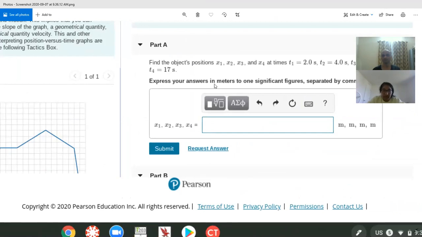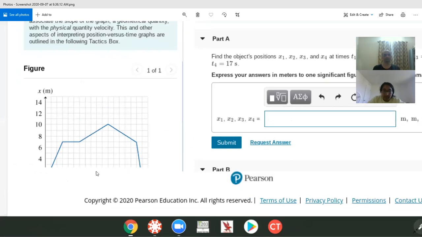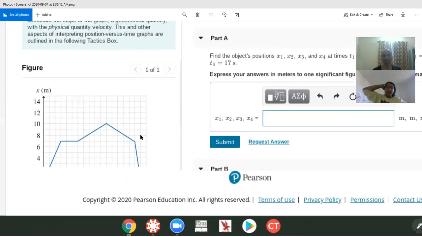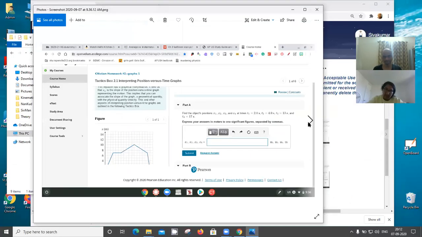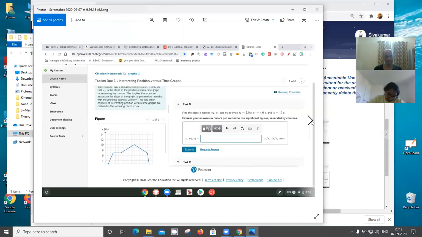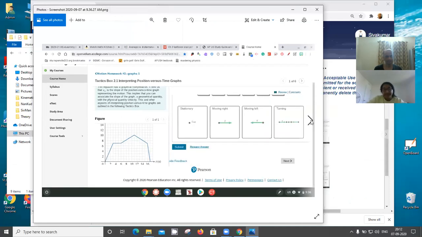Yes, that is the starting point. If you continue going to different screenshots, you should be able to see it. Okay. There you go. You can see part of it.